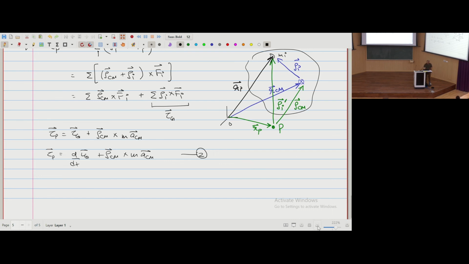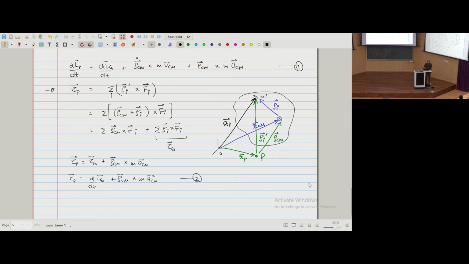So I'll have to zoom out a bit to see 1 and 2 both. My aim is to relate tau p with d by dt of Lp. So let's do that using 1 and 2. What we have is d by dt of Lg, and that term exists in 1, and we have rho Cm cross m ACm, that is also existing in 1.